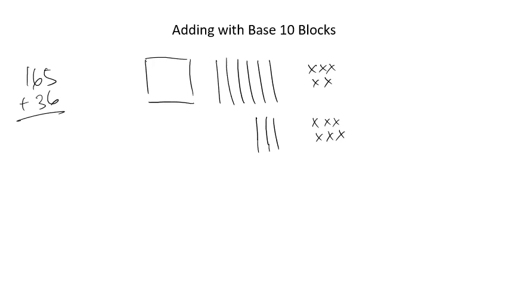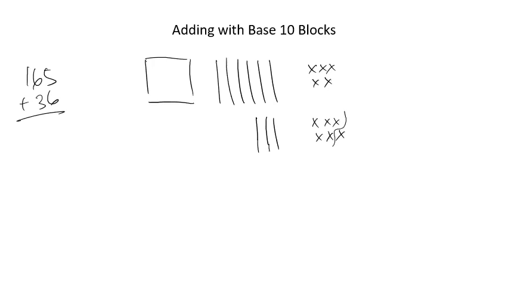So let's go through this process. I'm going to look at my ones. And really what I want to do is think about that idea of grouping. When I combine these ones together, can I do a grouping step? And the answer is yes. If I count through 1, 2, 3, 4, 5, 6, 7, 8, 9, 10. You know what?